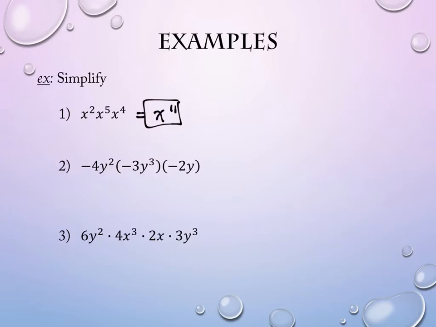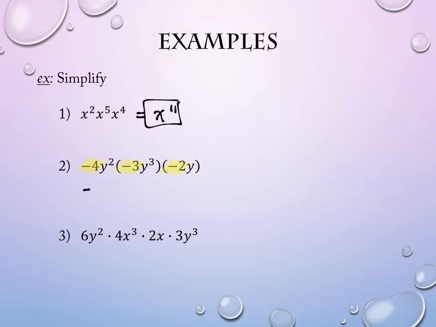On the next one, you notice that we have some coefficients and we have some exponents. Depends on your level of comfort with the way that it's written. If you want, you can just deal with it where it is, and you can multiply the three coefficients together: -4 times -3 times -2.